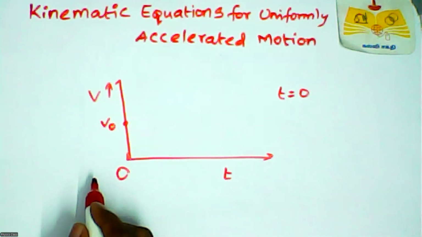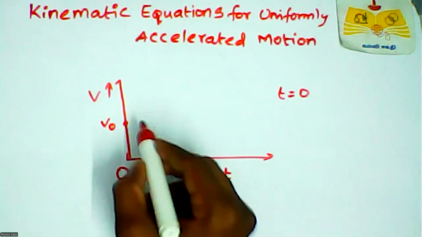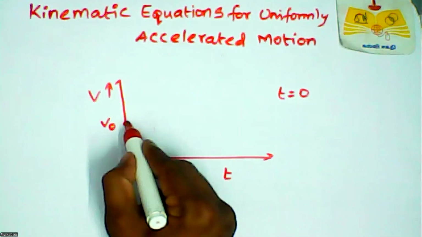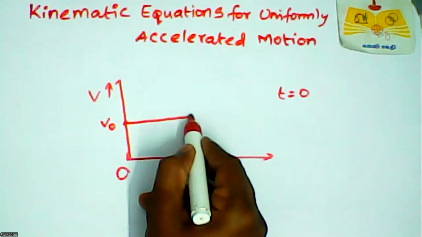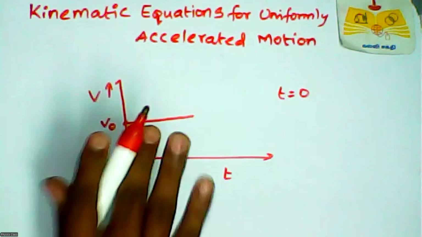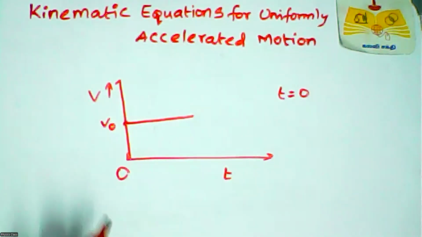Constant velocity means there is a straight line like that. This means velocity does not change over time. That is called constant velocity. In uniformly accelerated motion, velocity changes over time.